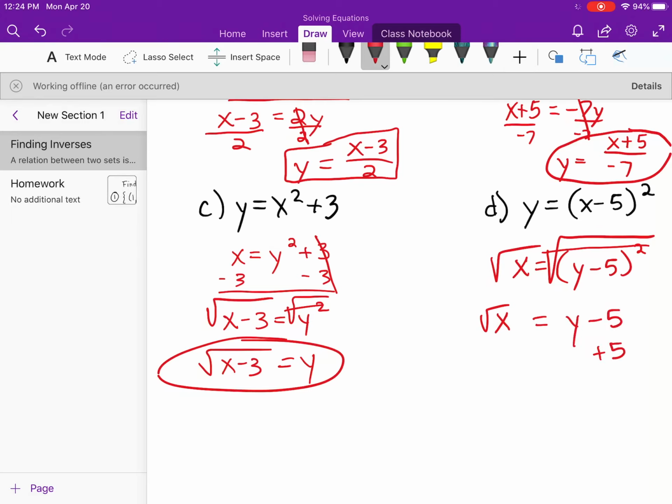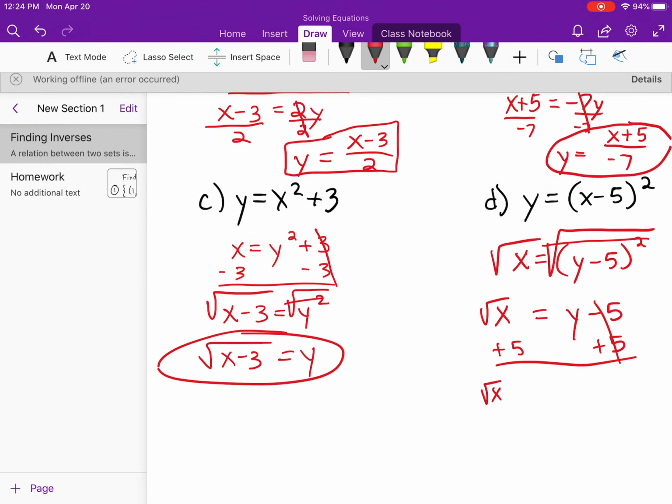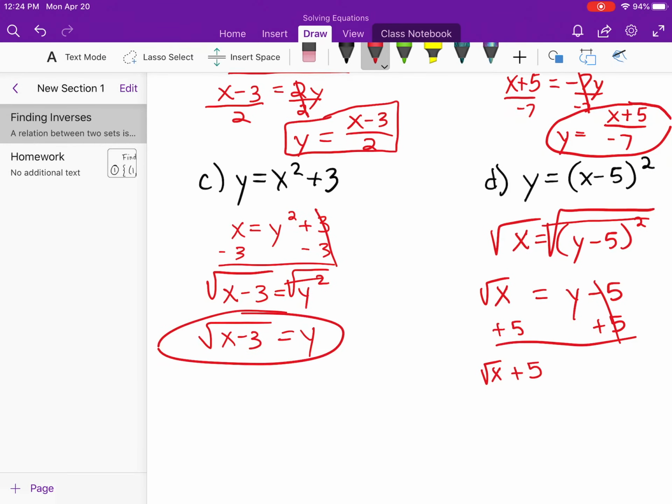Now I can add the 5 on both sides, plus 5, plus 5. So the square root of x is just by itself. I don't extend that square root sign because the plus 5 is not underneath that square root sign. So that equals y. That's my inverse, the square root of x, and then plus 5 equals y.